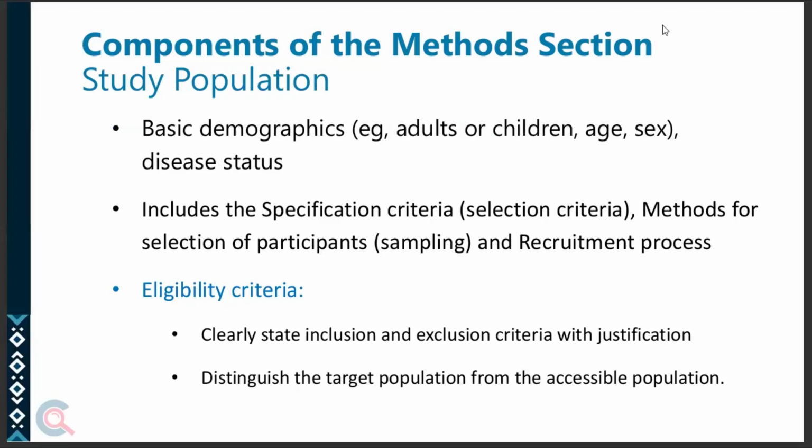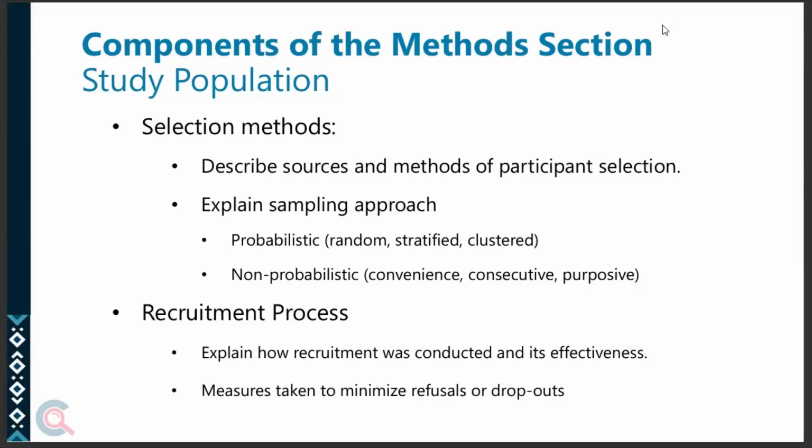For the eligibility criteria, you need to clearly state the inclusion and the exclusion criteria with justification and distinguish the target population from the accessible or study population. For the selection methods, you need to specify the selection methods that you used, the sources and the methods for sampling. For example, did you use probability sampling? Was it random? Was it stratified?